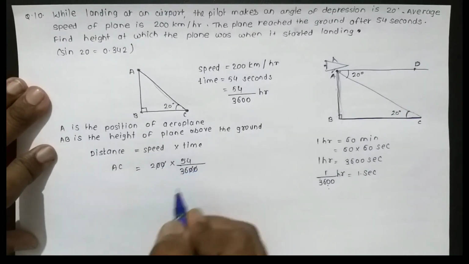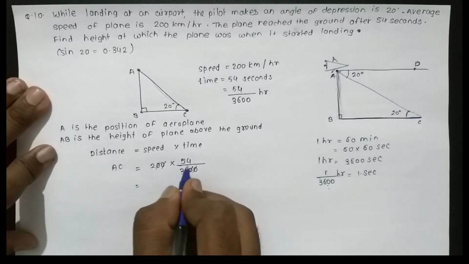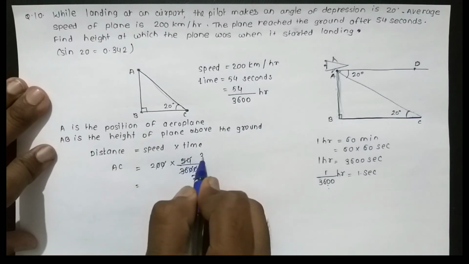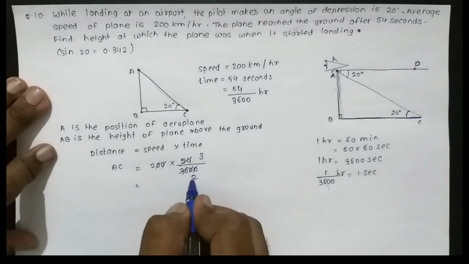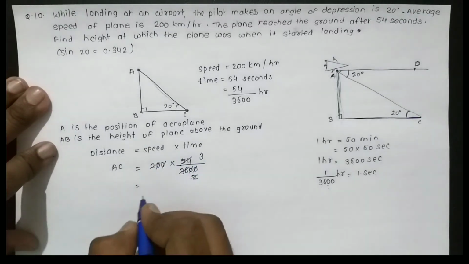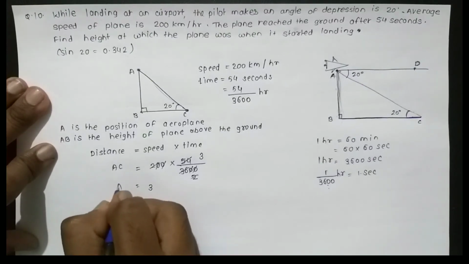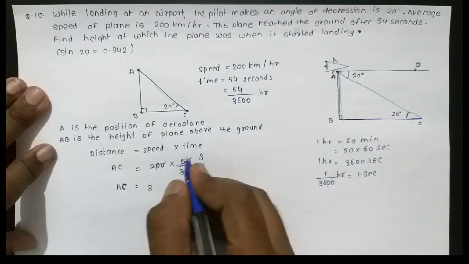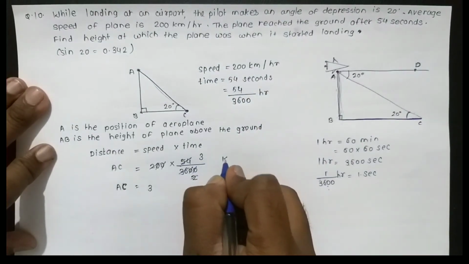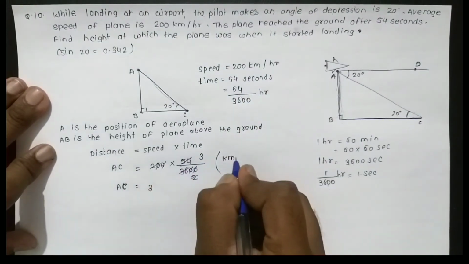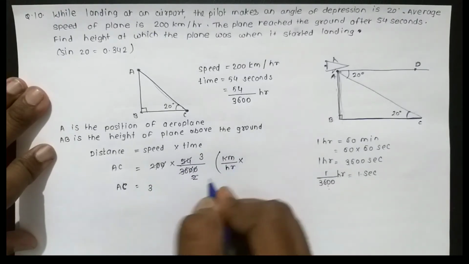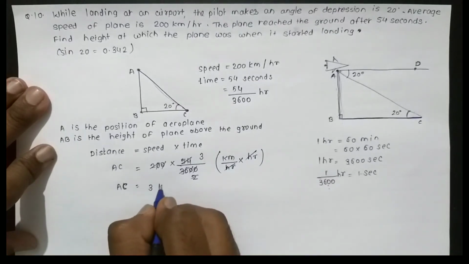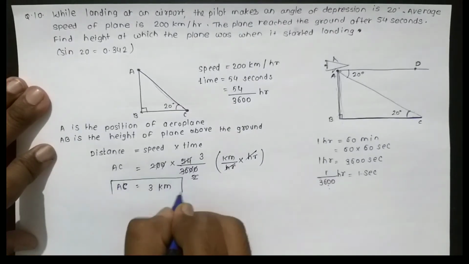Zeros cut. 18 2s are 36. 18 3s are 54. 2 2s cut. So the answer is 3, and it is in kilometers. So what is here? Listen. Speed is in kilometer per hour multiplied by time in hour. So the hours get cancelled. AC is equal to 3 kilometers.